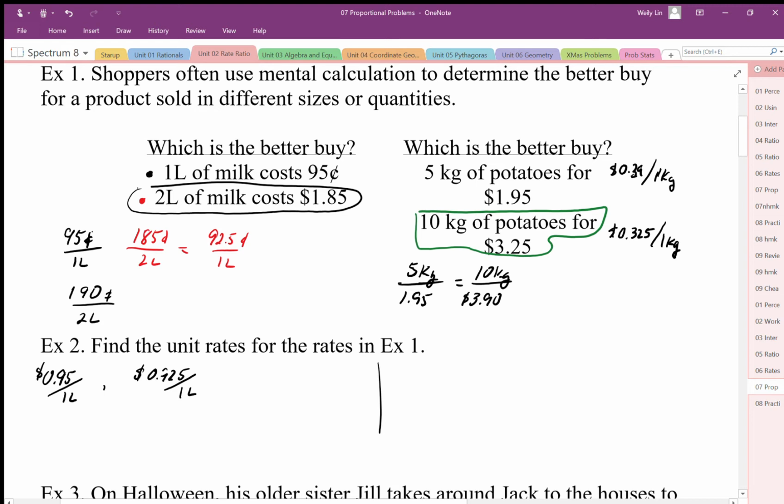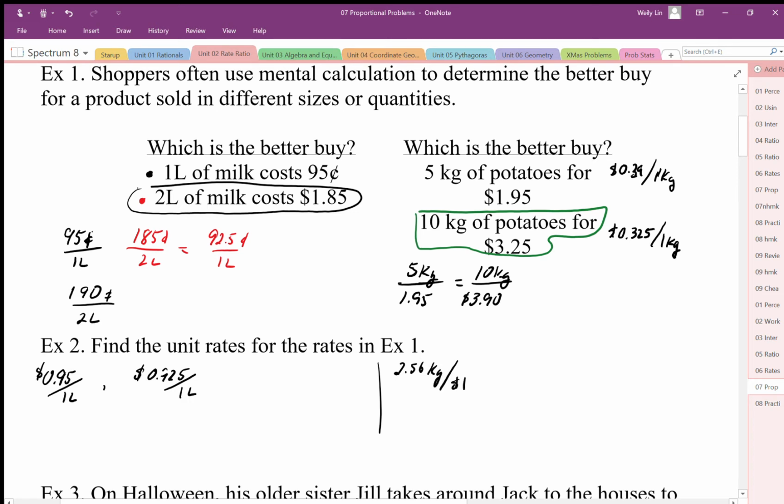So I'm going to divide 5 kilograms by $1.95, and so I get 2.56 kilograms per dollar.